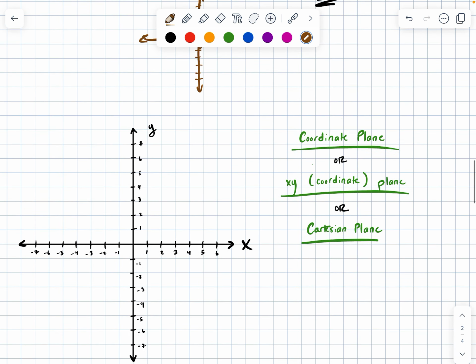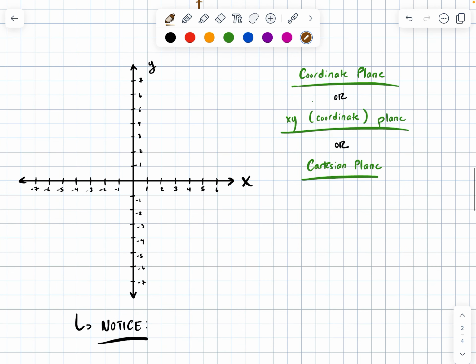And when I do that, I create what is hopefully this familiar tool for you called the coordinate plane. The coordinate plane has some funky names. You can call it the coordinate plane. You can also call it the xy plane or the xy coordinate plane. By convention, hopefully you'll remember, the values of x typically live on the horizontal one, in other words, going left and right. The values of y typically live on the vertical number line, or the one going up and down.